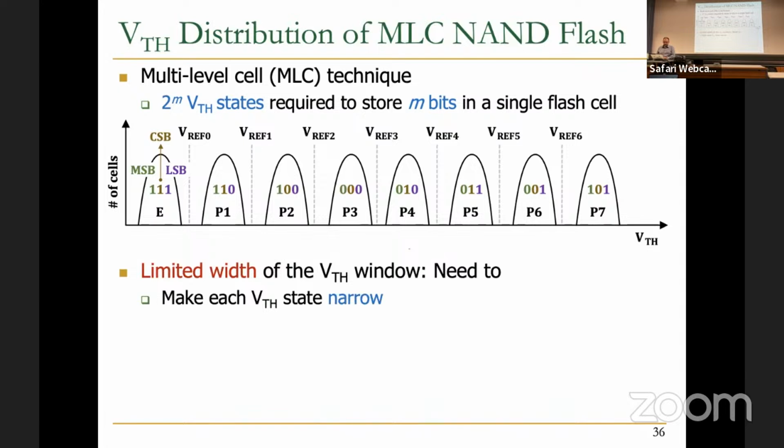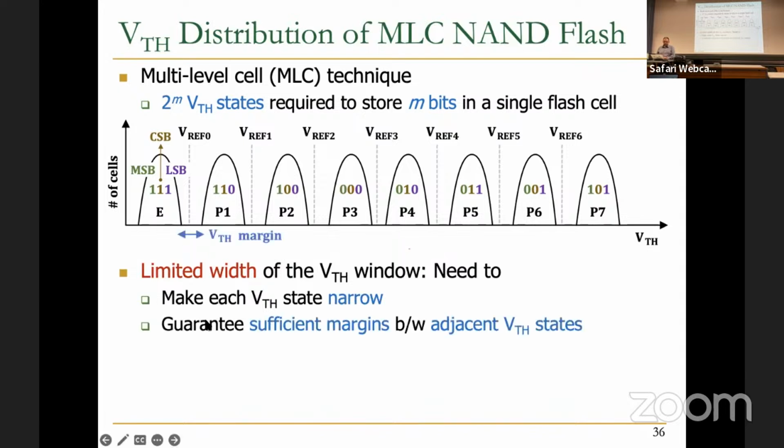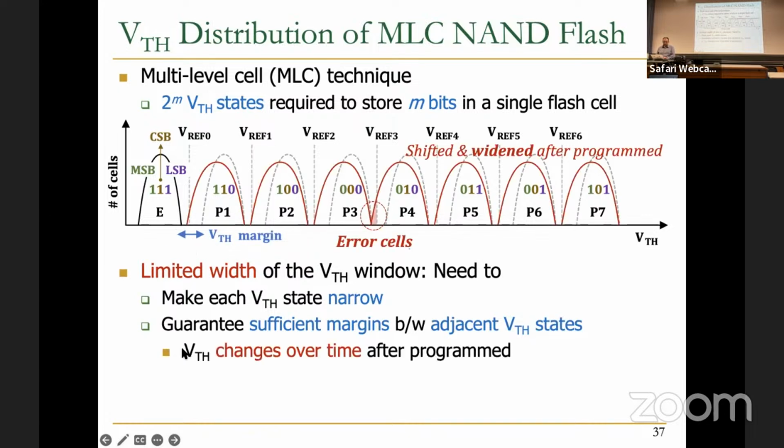As you can see, we have a limited width for the threshold window, and that makes each threshold state narrower. So the margin is actually quite low, and that's why we have reliability issues here.